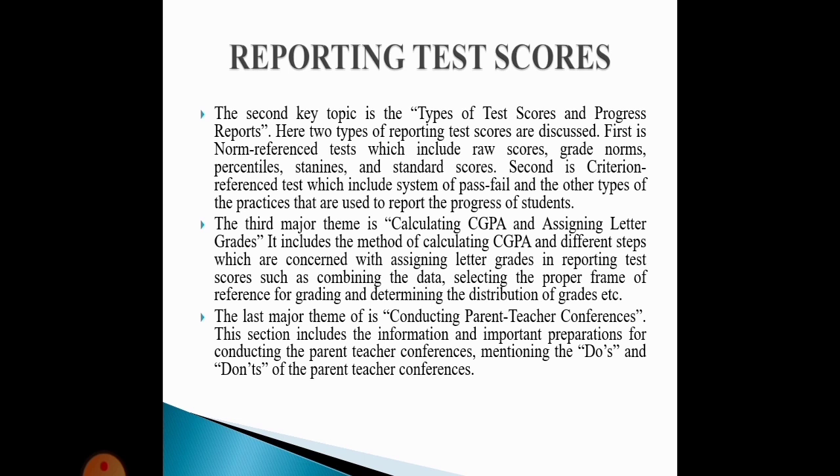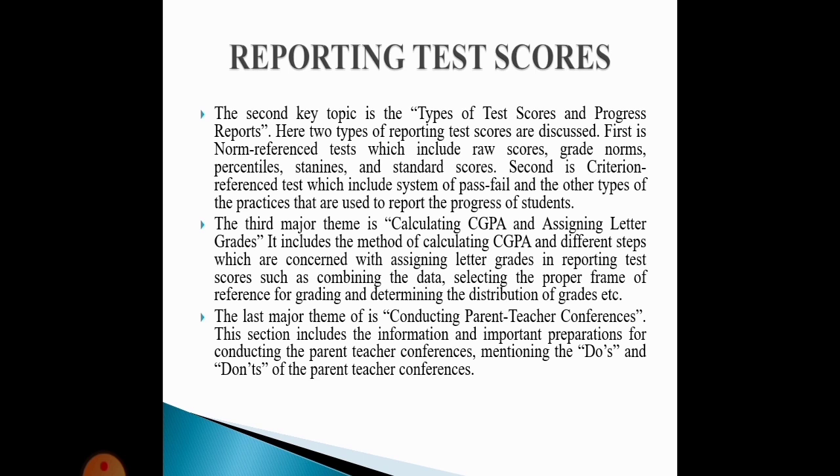The third major theme is calculating CGPA and assigning letter grades. It includes the method of calculating CGPA and different steps which are concerned with assigning letter grades in reporting test scores, such as combining the data, selecting the proper frame of reference for grading, and determining the distribution of grades.